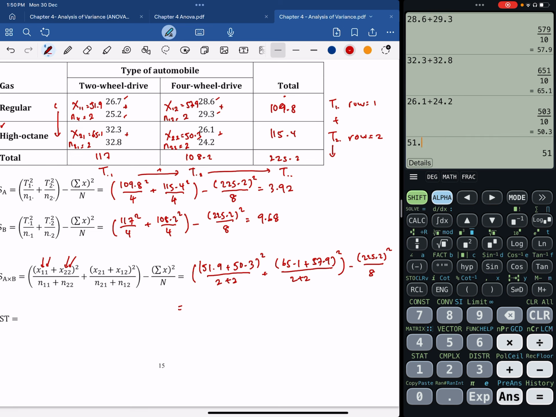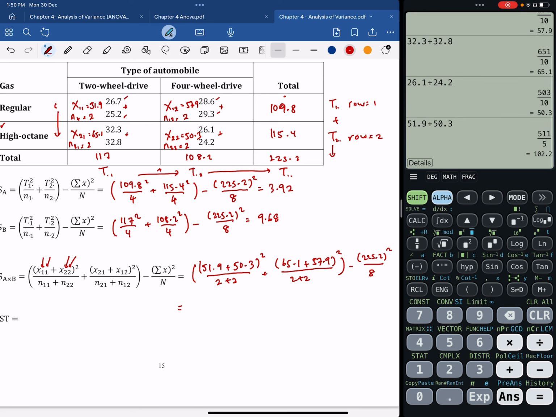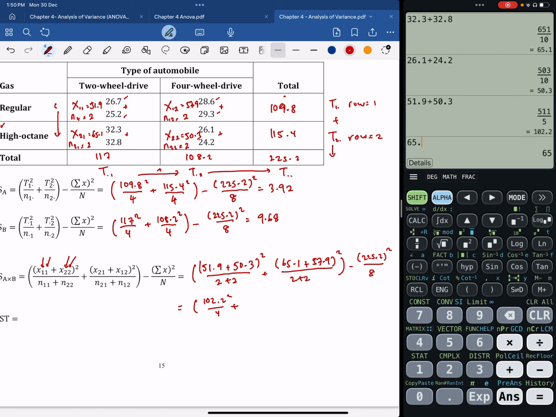51.9 plus 50.3, that is 102.2 squared over 4, plus 65.1 plus 57.9, that is 123 squared over 4, minus 225.2 squared over 8.